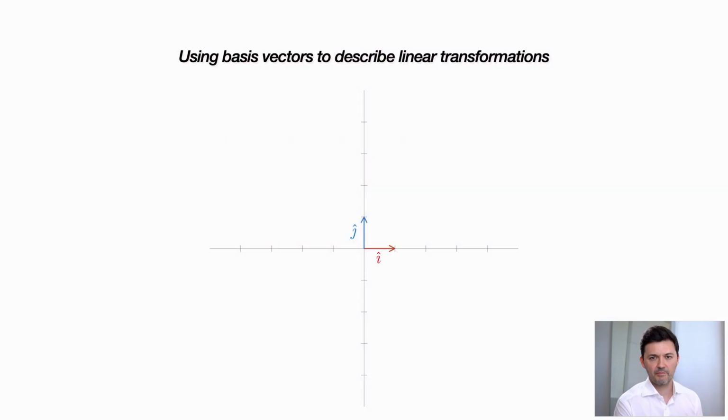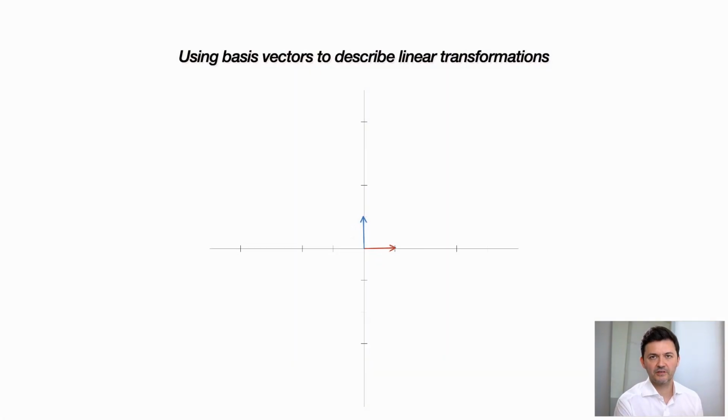The nice thing about linear transformations, compared to some other types of transformations, is that they are very easy to encode. However we decided to linearly transform the space, this can be captured by only taking note of what happens with the basis vectors. Our basis vectors here are i hat and j hat.